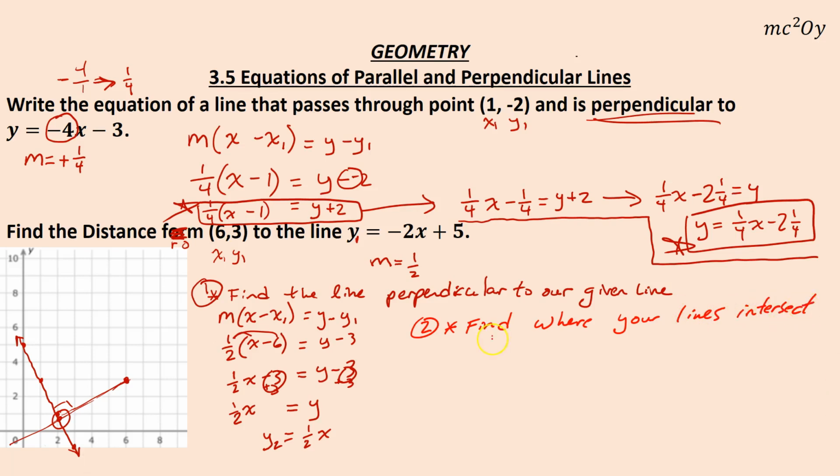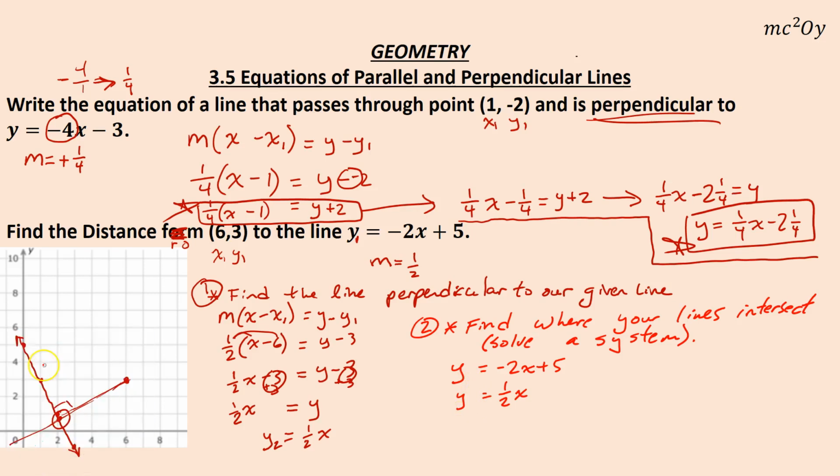So you're solving a system. Okay, and so my system that I have is y1 equals negative 2x plus 5, and y2 equals 1/2 x. Okay, well now if I look at this, kind of ignore the 1 and 2 for a minute, and they both equal y.